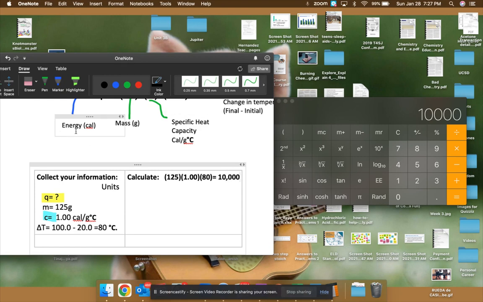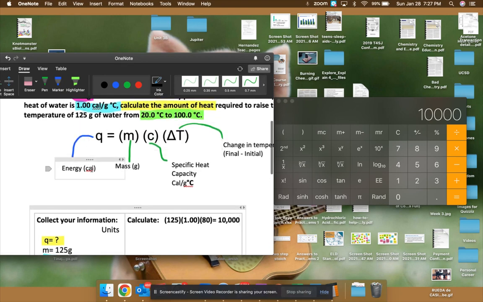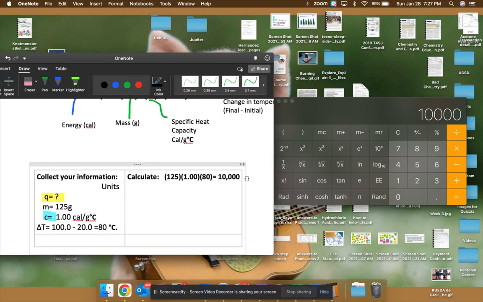What are our units for our Q? That is going to be cal. 10,000 what? 10,000 calories. And this here is our answer, 10,000 calories.